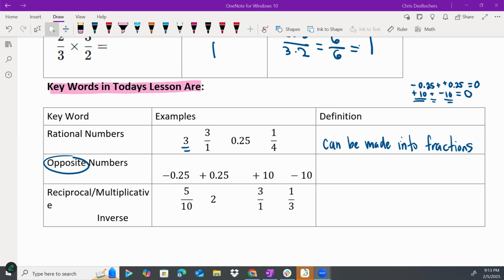Okay, hopefully you've had a moment to collect yourself and to write down what you think the definition is, and now I can check to see if that matches with mine.